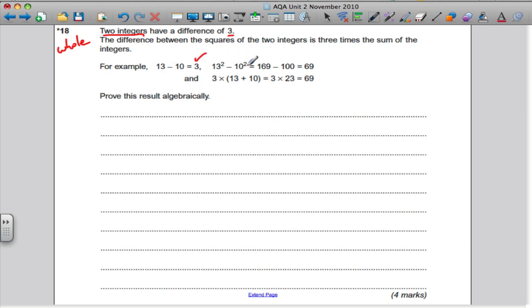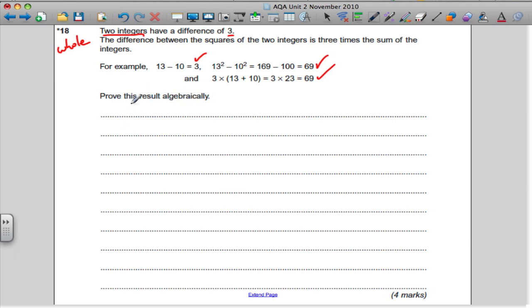But if you square them first and then subtract them, you get the answer of 69. However, that also happens to be the same as if you added the numbers 13 and 10, which is 23, and then multiplied by 3, you get 69. You have to show this is true algebraically.